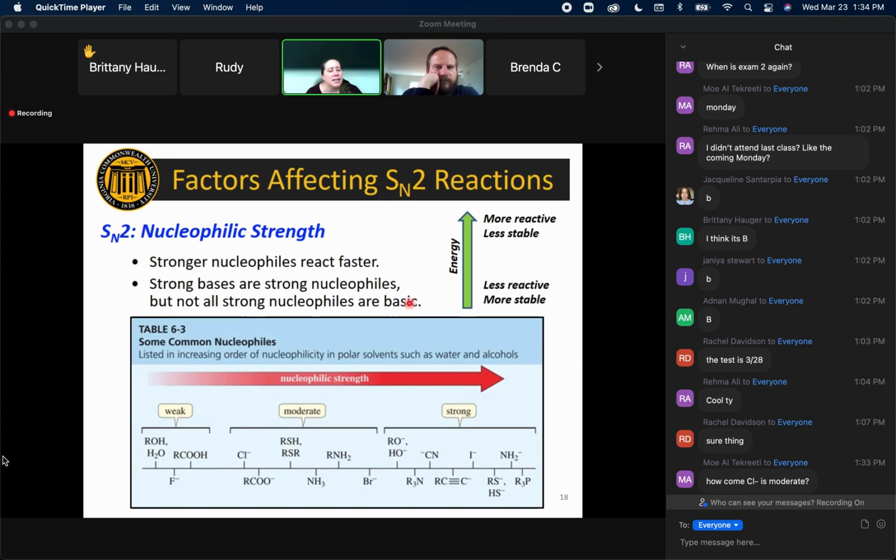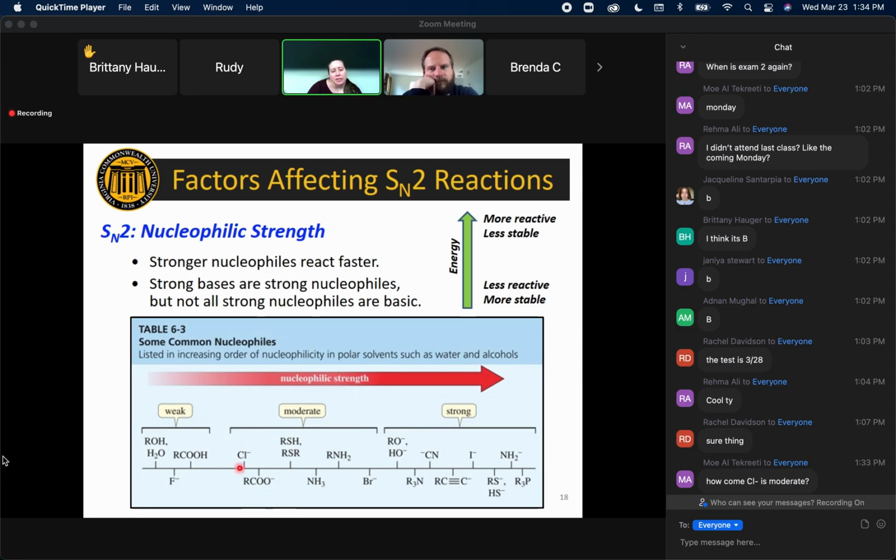All right, someone has asked in the chat box, how come chloride is moderate? And so chloride is moderate because it's better than fluorine because it's a bigger electron cloud than fluorine, so it can move around and squish better to get to the electrophile. But also, chlorine is a highly electronegative element, right? So because it is electronegative, it is capable of stabilizing that negative charge.